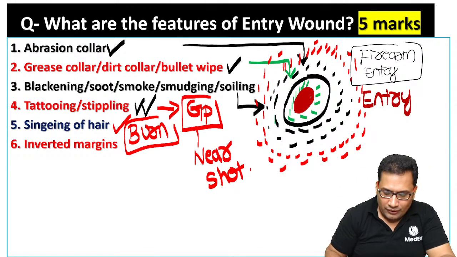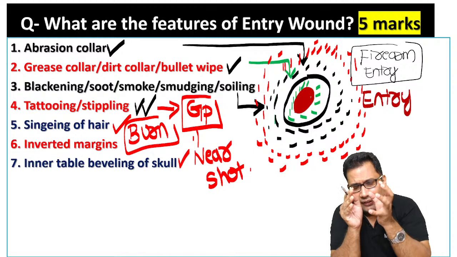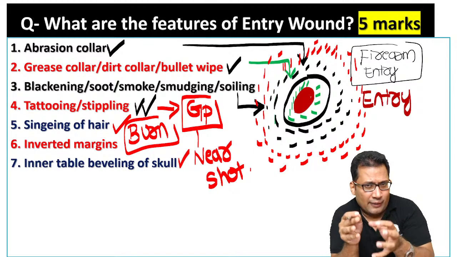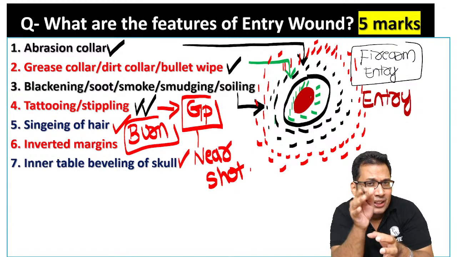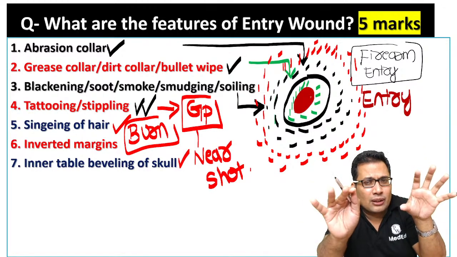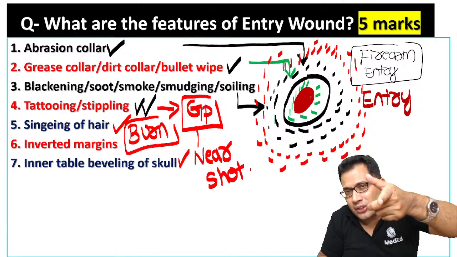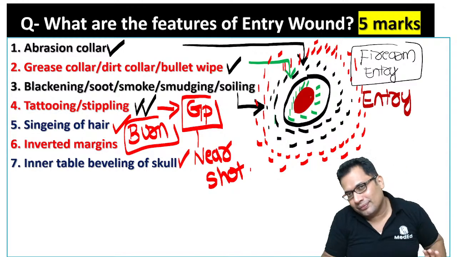Then inner table beveling. When you see the skull, in case of entry wound, the inner table of the skull is more damaged. As you know, the skull has two tables, inner table and outer table. In between there is a spongy bone. So when the inner table is more damaged, it is entry wound.